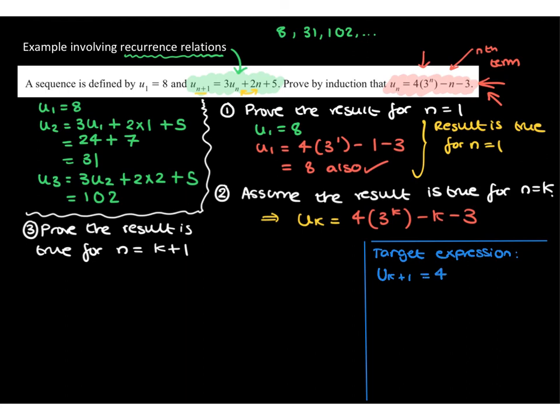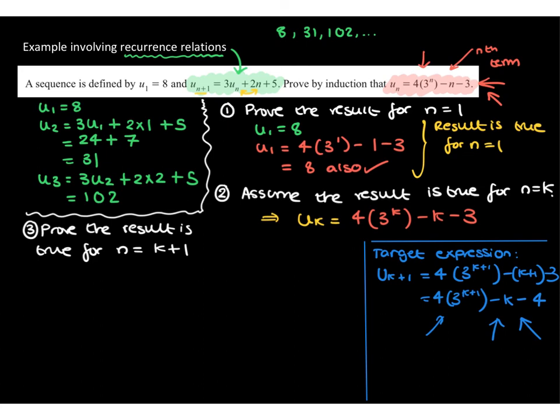We would get 4 brackets 3 to the k plus 1 minus k plus 1 minus 3, which will just simplify. 4 brackets 3 to the k plus 1, that doesn't really simplify, minus k minus 4. So that is what we are aiming for at the end of this.